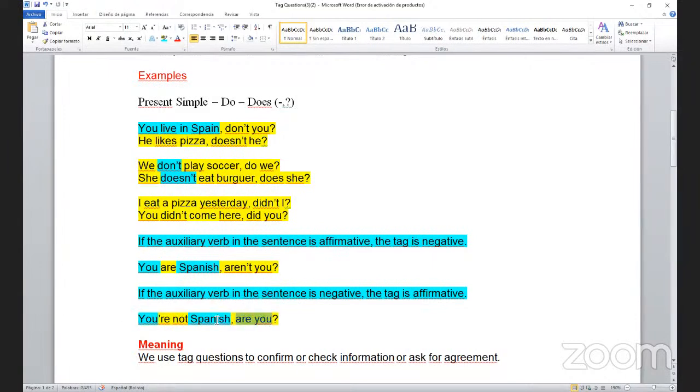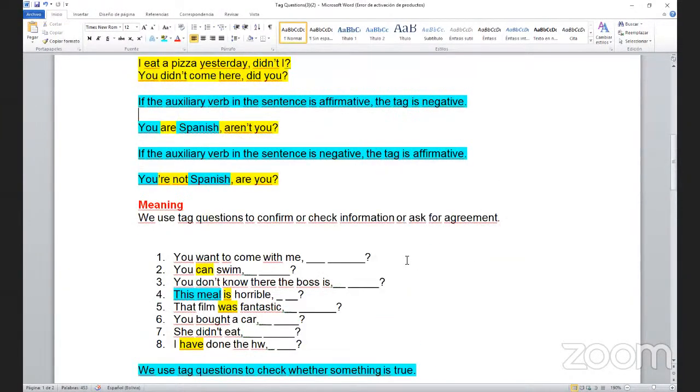Just that, nothing else. Affirmative, negative; negative, affirmative. And when we use the tag question in negative, we always use the contraction, not separated, not "are not you". That's bad. Aren't you?